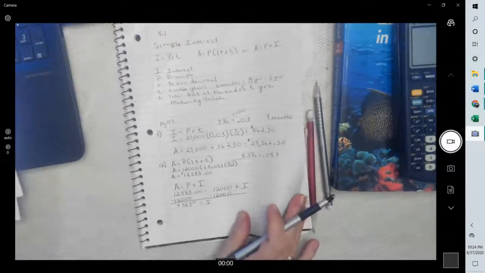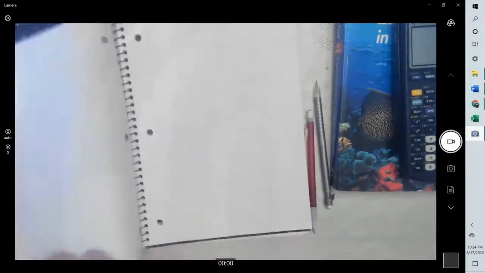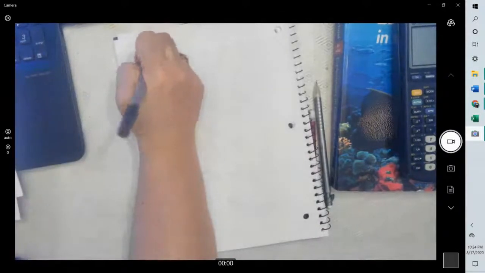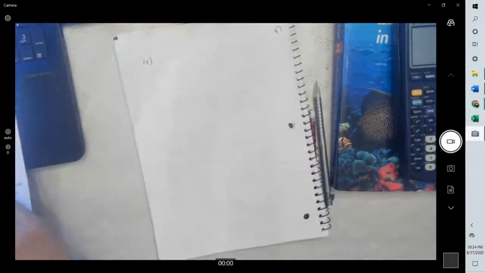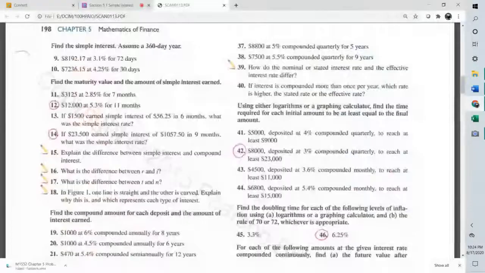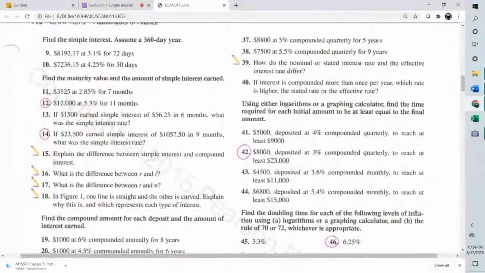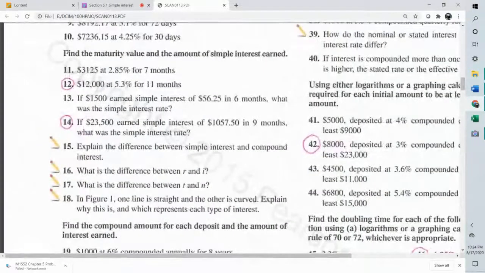Let me try one more. Number 14. If $23,500 earned simple interest of $1,057.50 in 9 months, what was the interest rate?